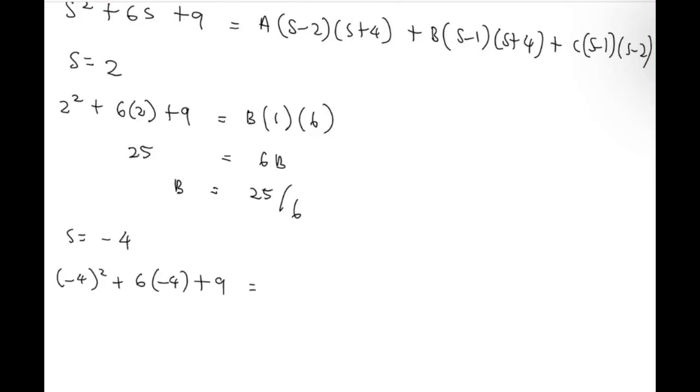On the right, A is 0, B is 0, so C times (minus 4 minus 1), which is minus 5, times (minus 4 minus 2), which is minus 6. So we have 30C on the right, and on the left, 16 minus 24 plus 9.